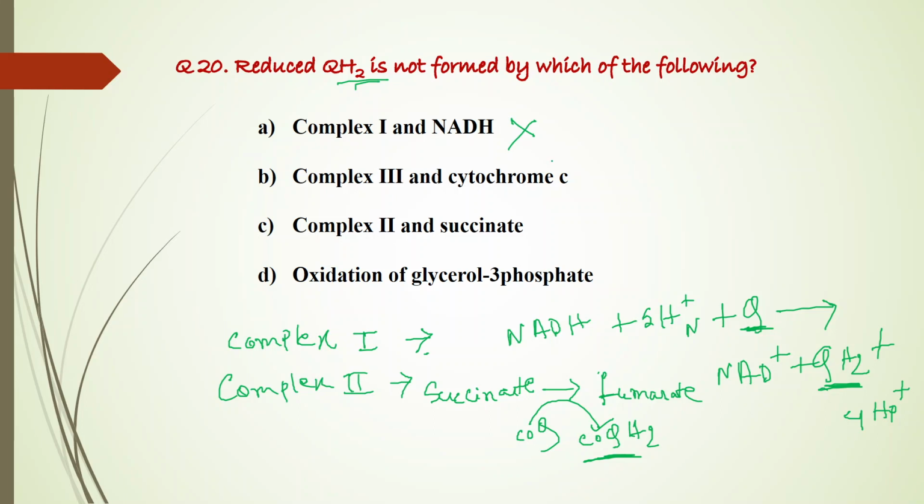So again complex 2 also ends up not with an oxidized form of Q, but it also results in the formation of CoQH2.